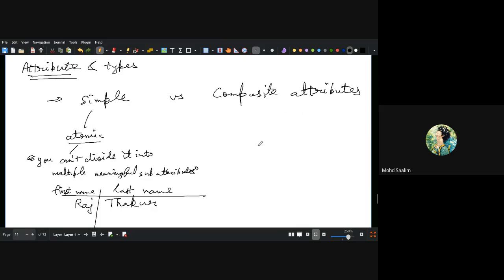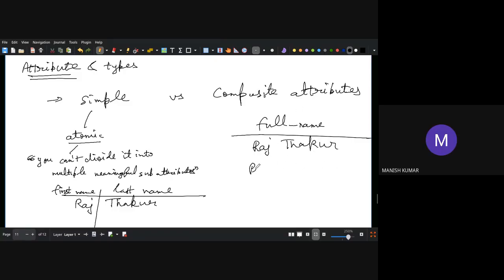For example, if I again take Raj Thakur, and this time I design my database in such a way that instead of dividing Raj Thakur into first name and last name, I am just storing this into a single attribute called full name. Now, can I divide these values further? Yes, sir. And different names are there, but because they are full names, I can logically break them.